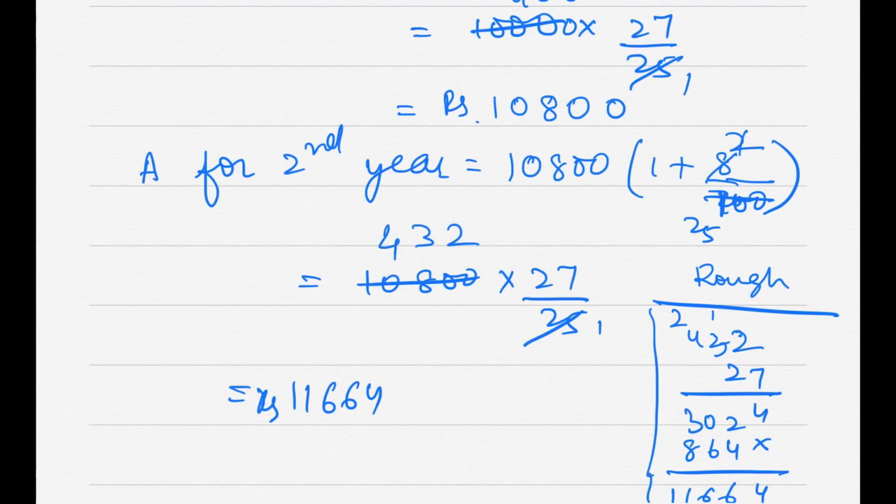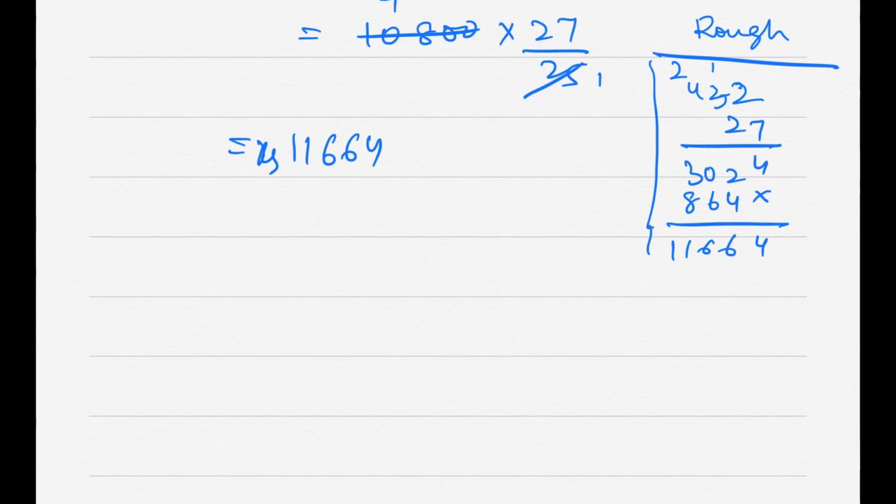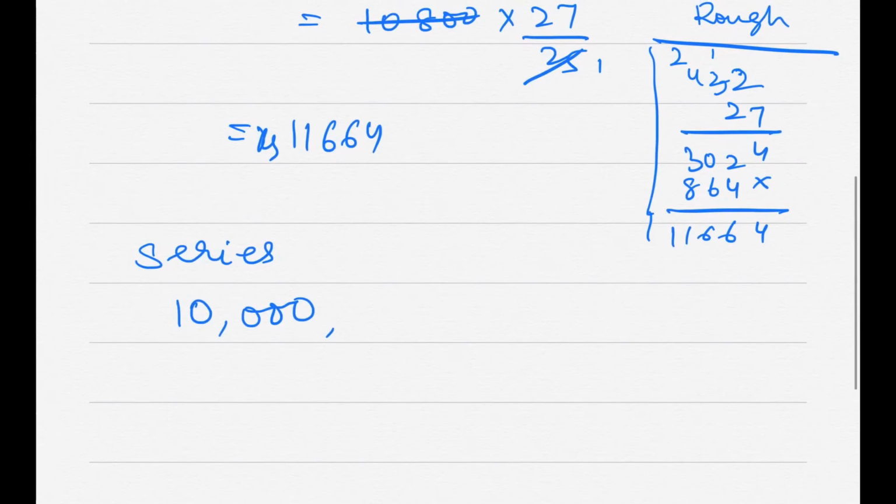So first 3 years: first year it was 10,000 rupees, my series, and second year it became 10,800, right? And in the third year it became 11664, correct? So these will go on.